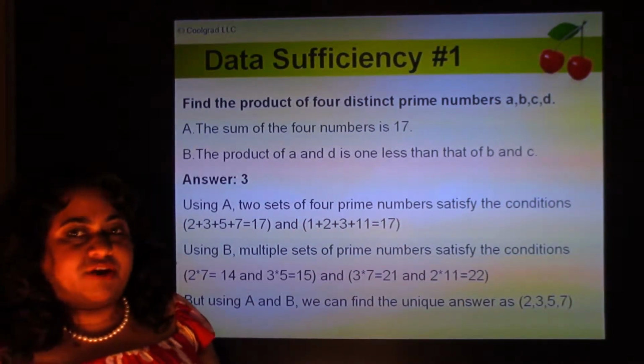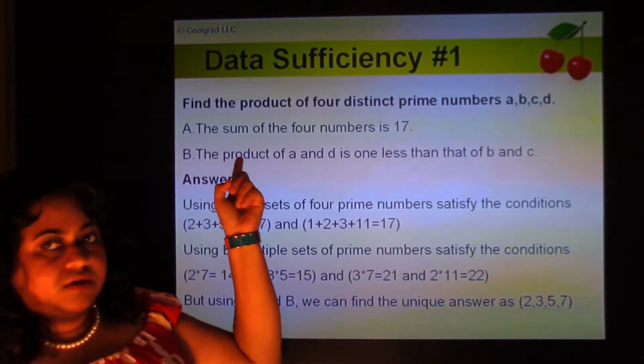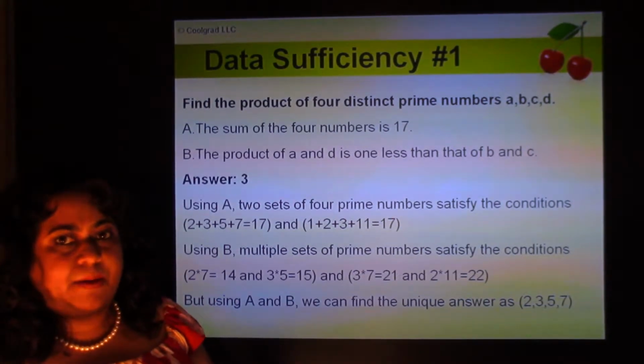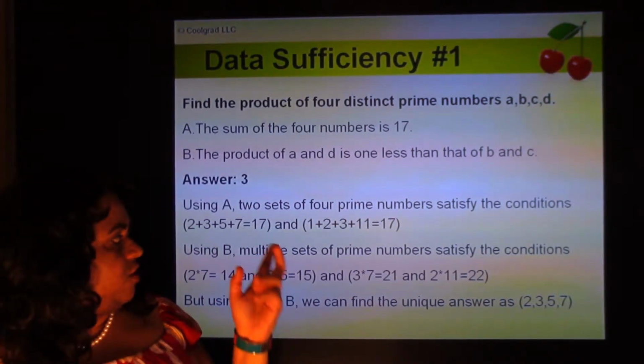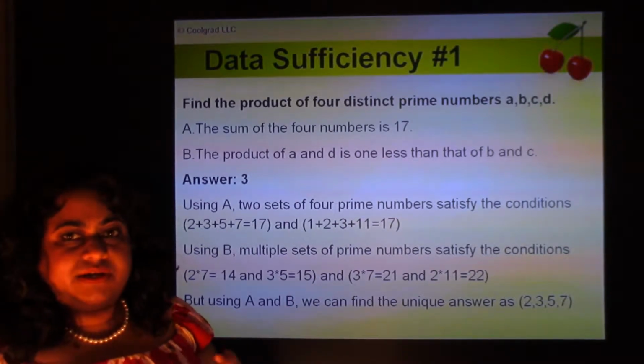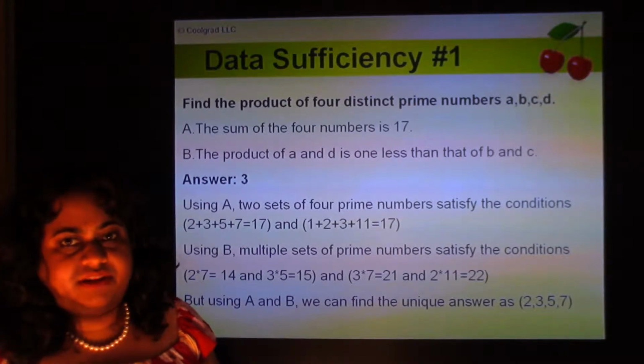So let's try and work out the solution. Using statement A, what do we know? We have to find 4 prime numbers whose sum is 17. Let's list out all the prime numbers between 1 and 17. So we have 1, 2, 3, 5, 7, 11 and 13.